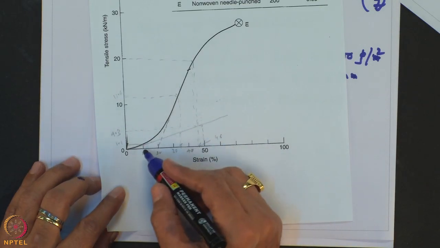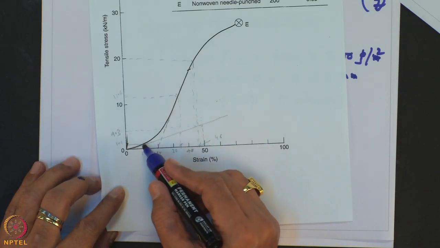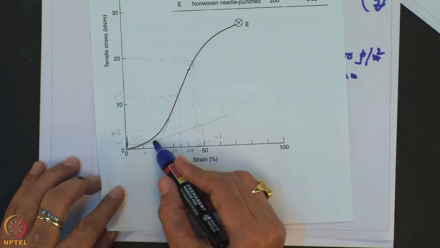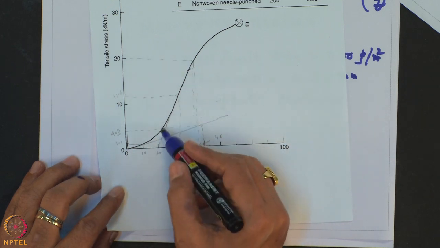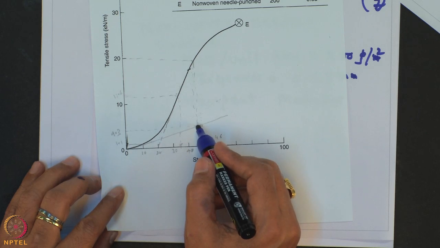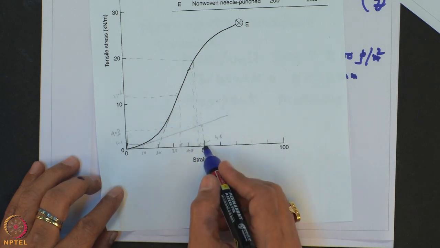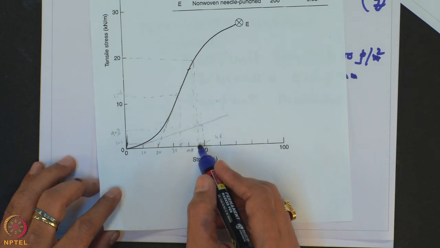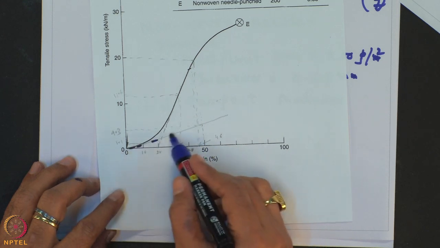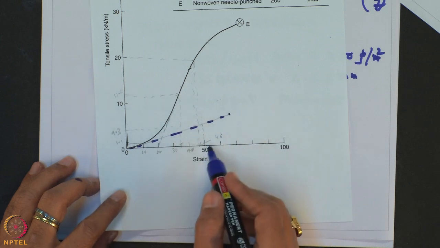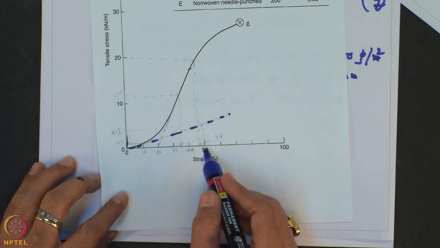Let us say that this is the initial tangent modulus, and for example from here, this is the initial tangent modulus.